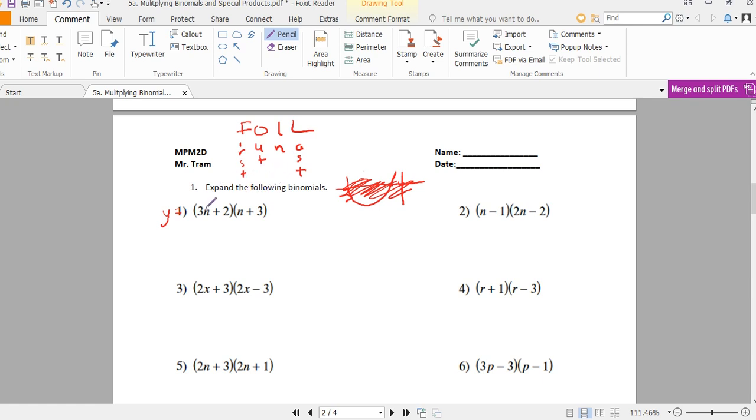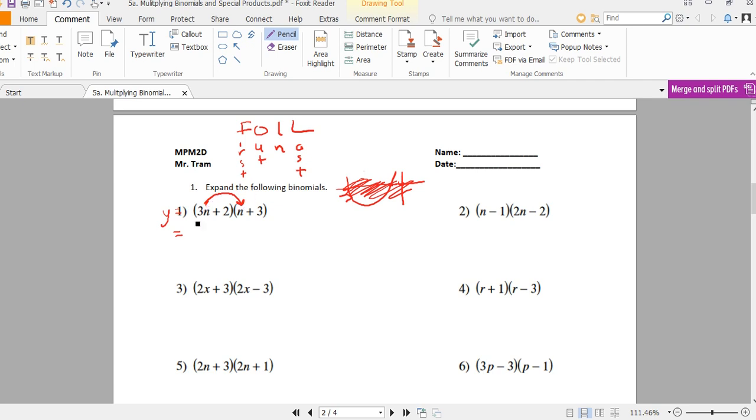I'm not a big fan of this because it can get confusing, but you might see this in the textbook. First means we're going to take the first term of this first bracket and multiply it with the first term of the second bracket. I'm going to color code this to make it easier.